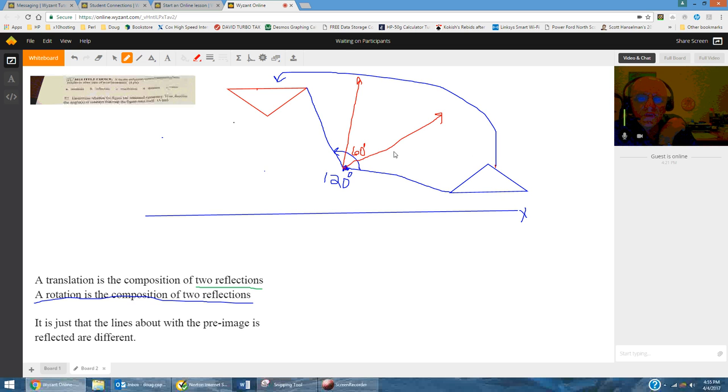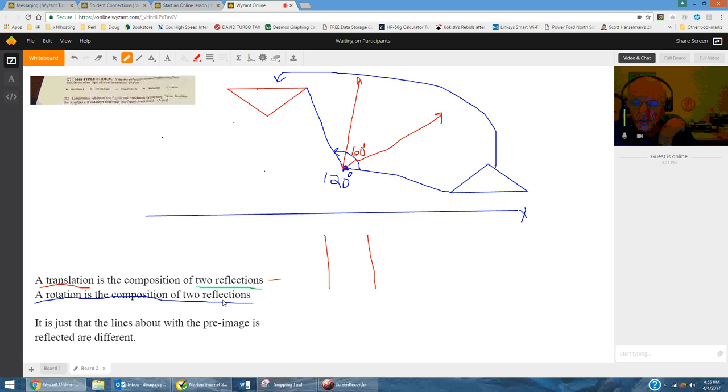Just accept the fact that a translation is the composition of two reflections, but the lines about which you reflect are perpendicular to the line of translation.